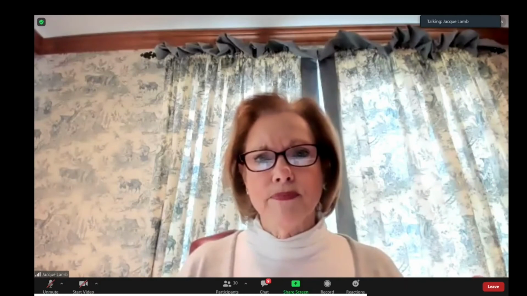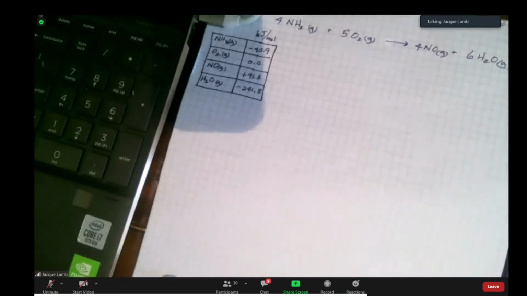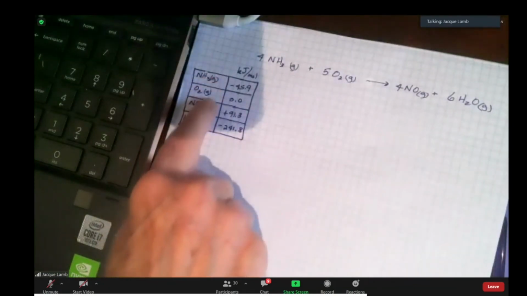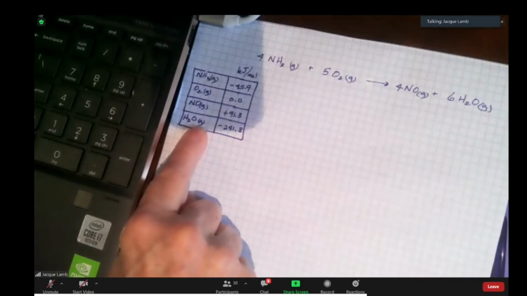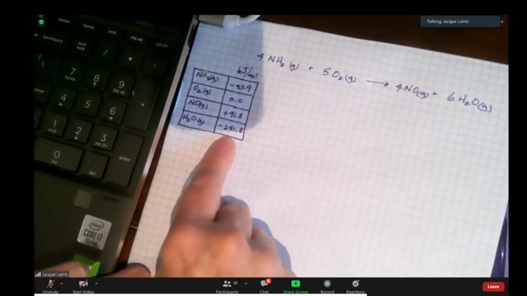It may have a table in the text itself, but not in the appendix. So chances are, if you're asked to do a problem like this, you'll be given something that looks like this. This indicates all of the species in this equation, and these are the enthalpies of formation that you have to use.